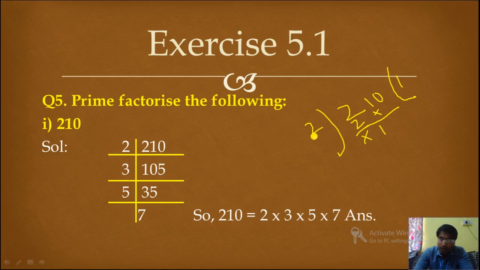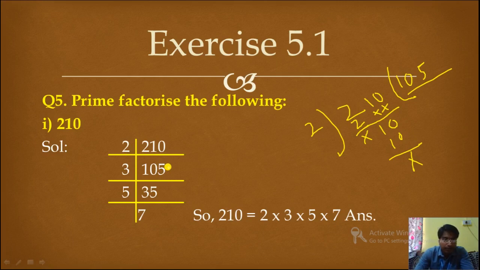Then 1 we cannot divide by 2 because 2 is greater than 1, so we'll put 0 here, then we'll bring 0 down, then 2 into 5 is 10, cancel.